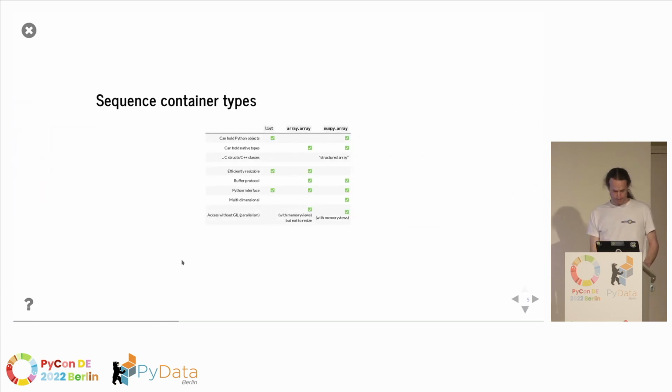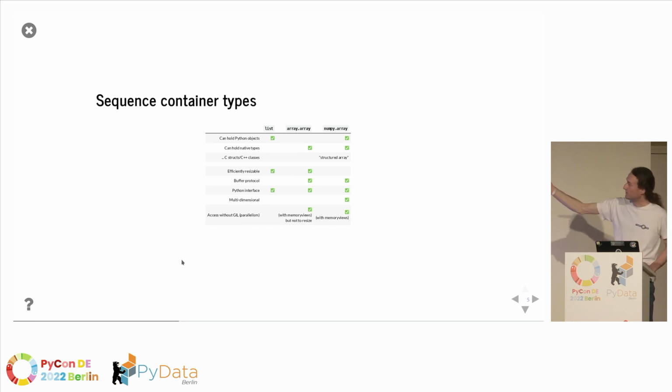So here's a little overview of sequence container types. In Python, you probably know how to use a list. A list is pretty limited in what it can provide. Python arrays and NumPy arrays hold native data types, and so you can work efficiently with them from Cython by unpacking the memory buffer.